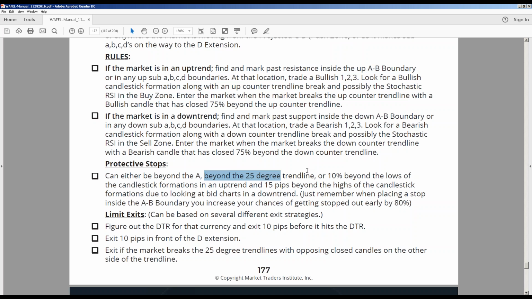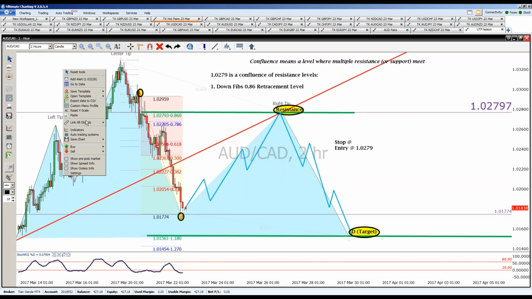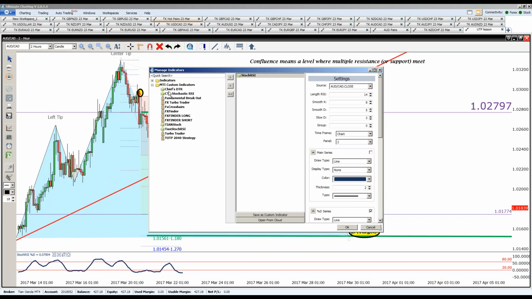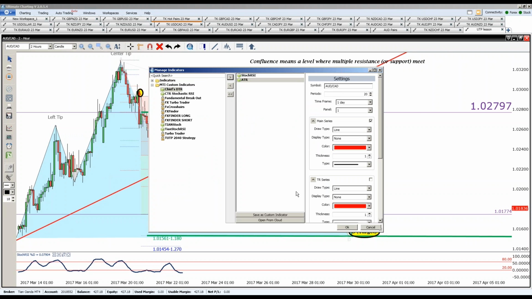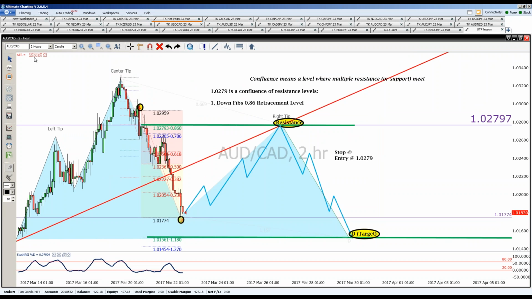Right, so 10% of the daily trading range beyond the A. So the daily trading range on the Aussie Canadian is 67 pips. So that's roundabout 7 pips.